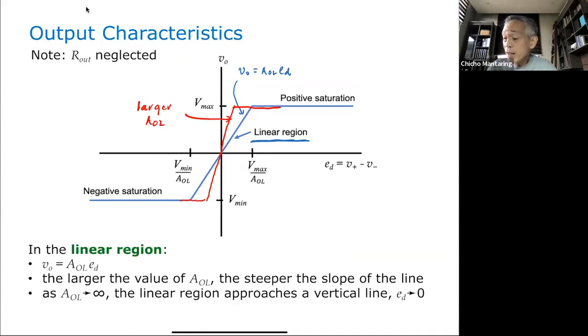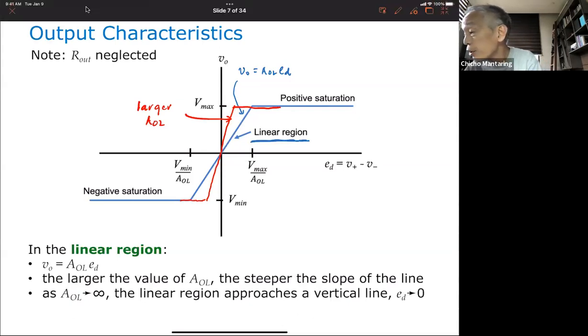So when AOL is approaching infinity, this line becomes almost a vertical line. So maybe I can draw that. It becomes a vertical line. This orange line is when AOL is equal to infinity.